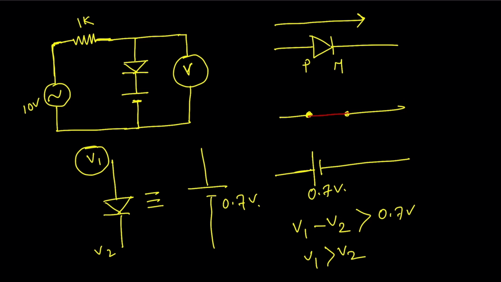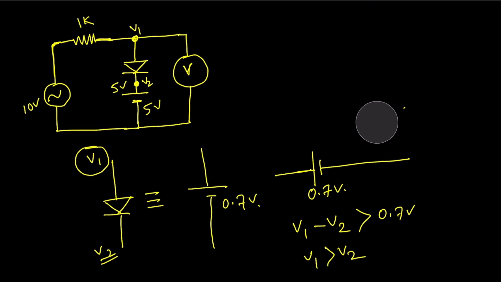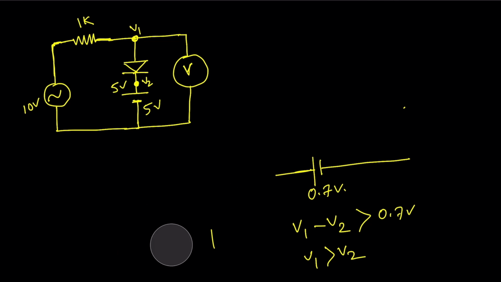Here this voltage source is around 5 volt. That means this point, V2, will be equal to 5 volt, and this point is V1. This diode will be turned on when V1 is greater than 5.7 volt. Why?